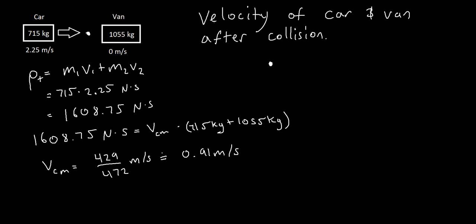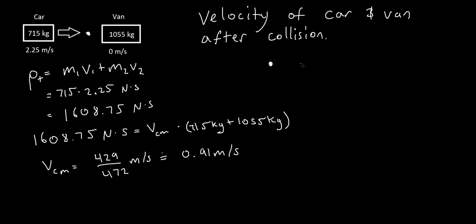So the van is approaching the center of mass, and so is the car. At what speed is the van approaching the center of mass? Well, the center of mass is moving at 0.91 meters per second, and the van isn't. So from the perspective of the center of mass, the van is moving towards it at 0.91 meters per second.